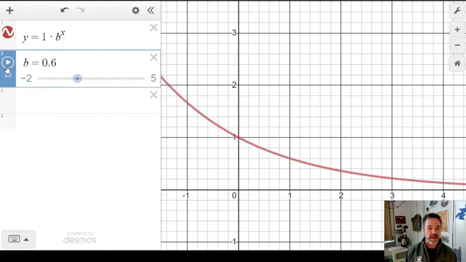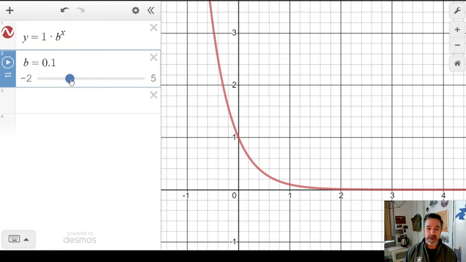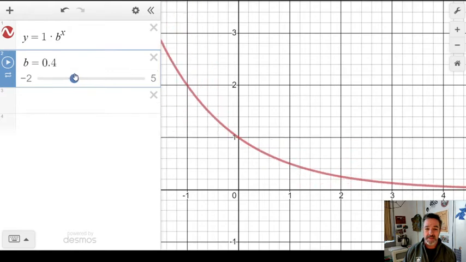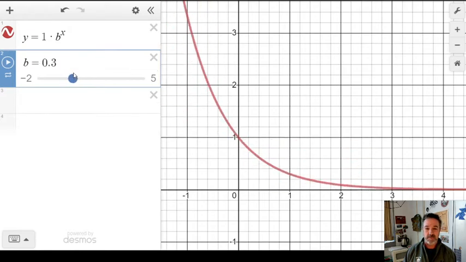But when I get into this range where b is between 0 and 1, right? b right now is less than 1. It's 0.6. Oh, and then at negative numbers, it went away. But as long as I'm bigger than 0 and less than 1, I'm in this situation where I've got these decreasing functions.